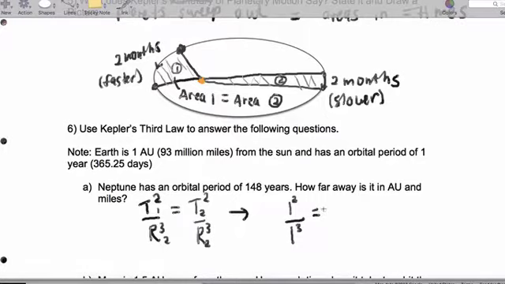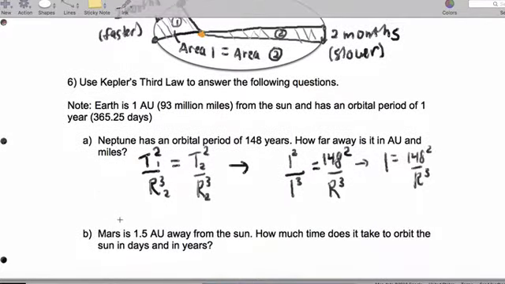And so Neptune's orbital period is 148 years, and its distance from the sun is R cubed. Now we can rearrange a little bit, so we're going to get 1 equals 148 squared over r cubed. And when we actually calculate 148 squared, that's going to be 21,904.